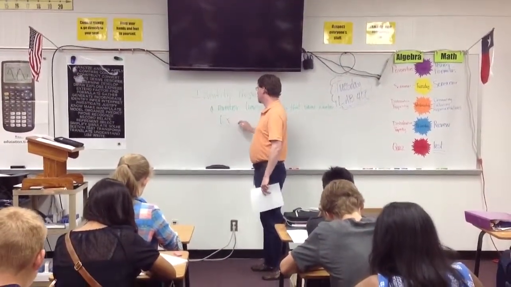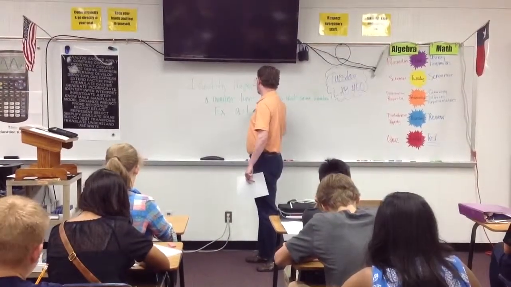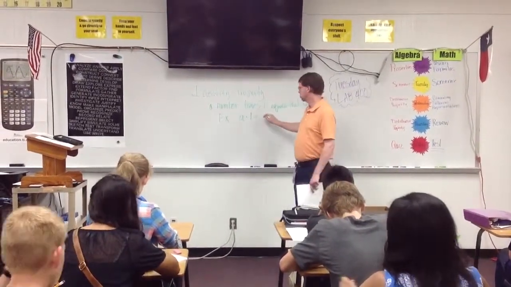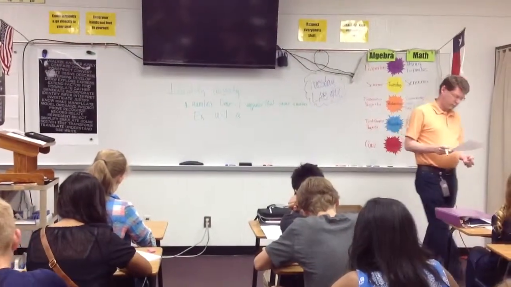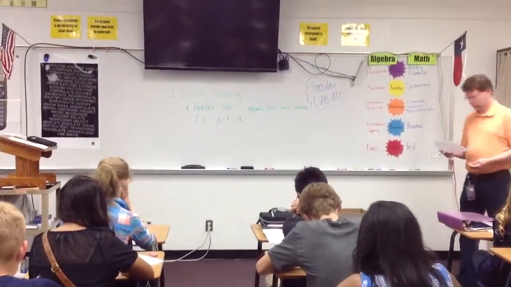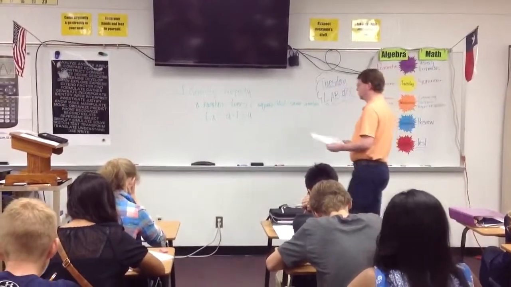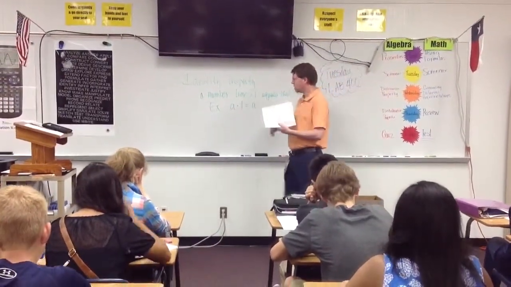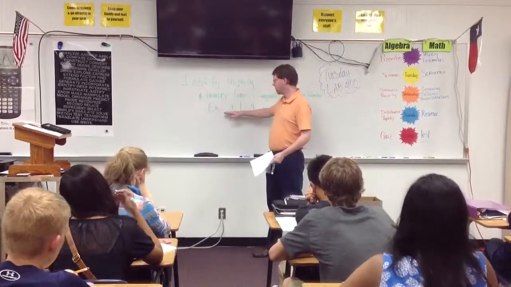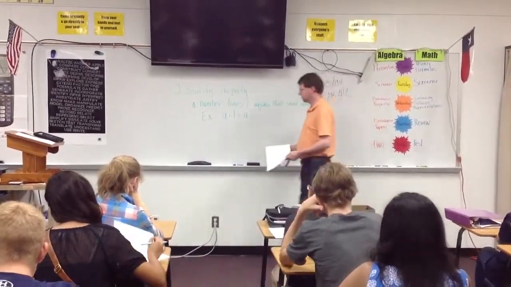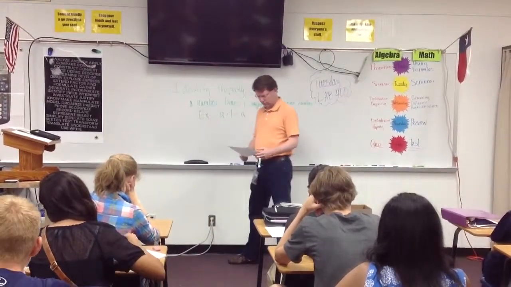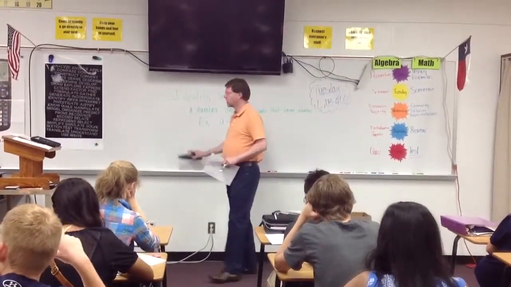So our example for this one would be A times 1 equals A. Once again, the identity of the number does not change when I multiply it by 1. Everybody good?